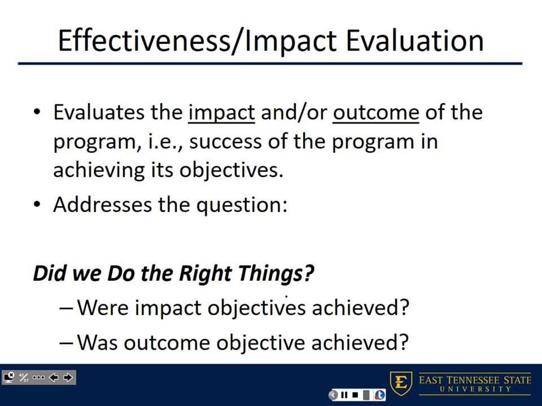Keep that in mind. Process evaluation, did we do things right? Did we implement activities as planned? Whereas effectiveness evaluation, did we do the right things? Did we attack the right risk factors? Because if the answer is yes, we should see a change in our impact and outcome objectives, assuming we achieve the process objectives, right?